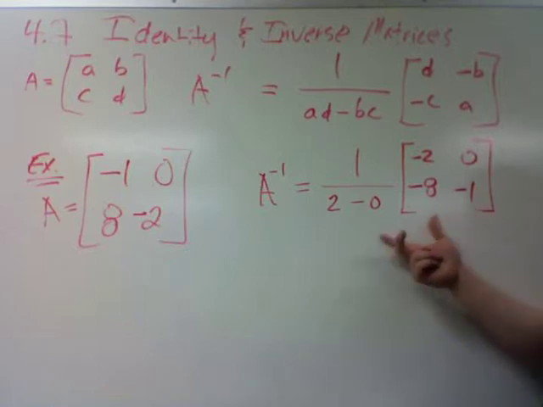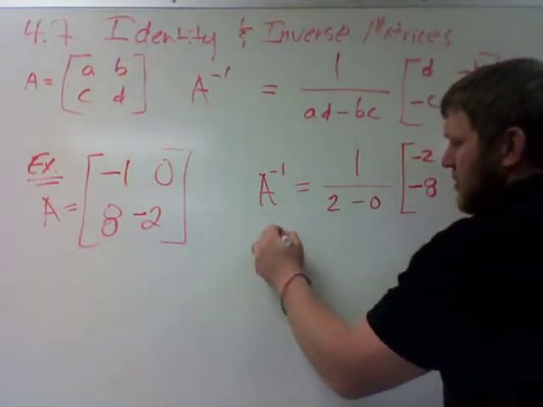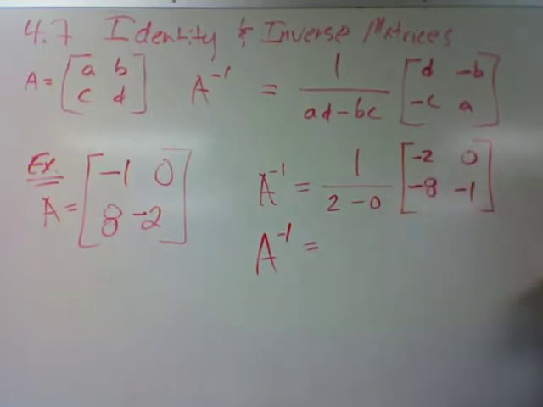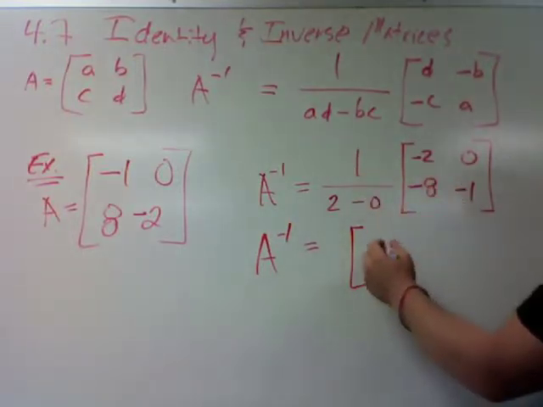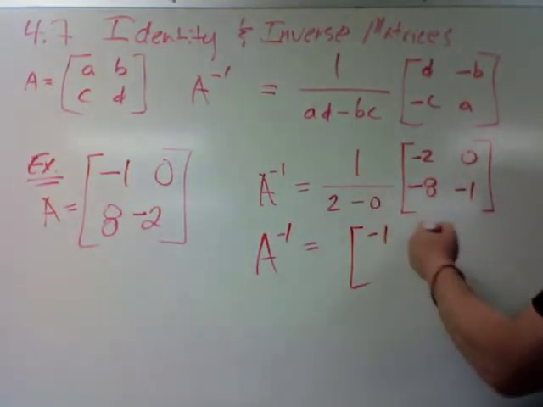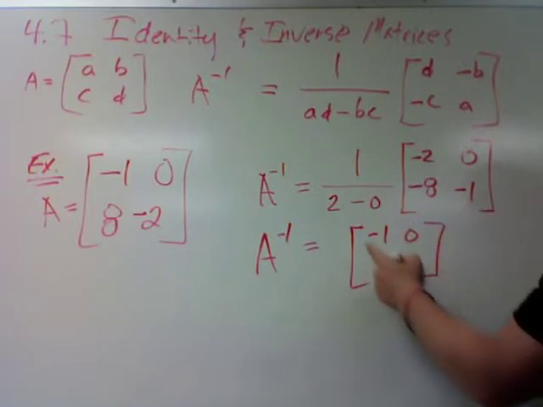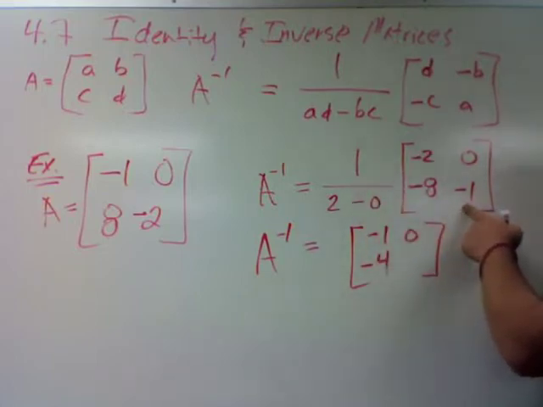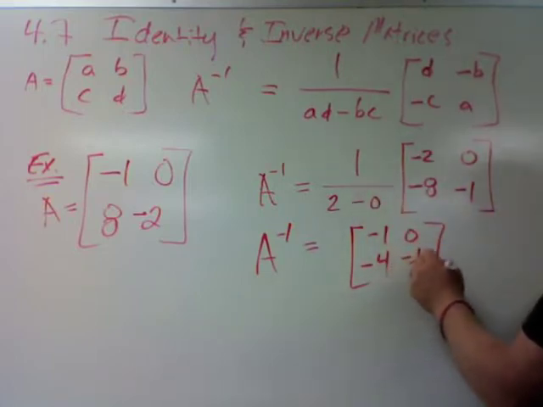Now to finish it off, I have to do scalar multiplication here. 1/2 times each individual element in there. So to do some mental math, 1/2 times -2, I get -1. 1/2 times 0, I get 0. 1/2 times -8, I get -4. 1/2 times -1, I get -1/2.